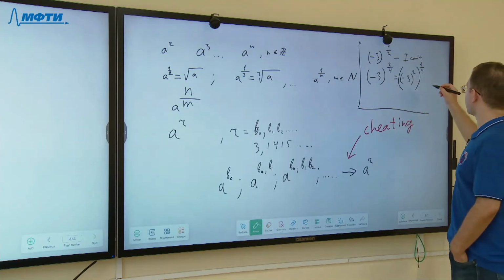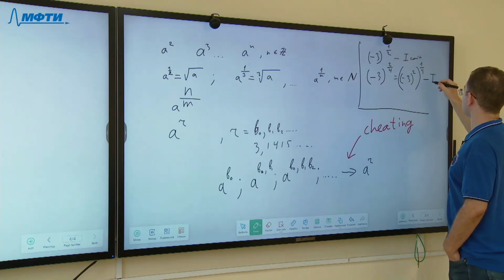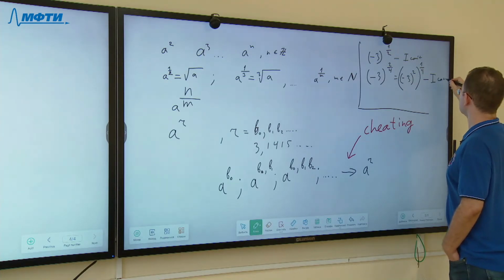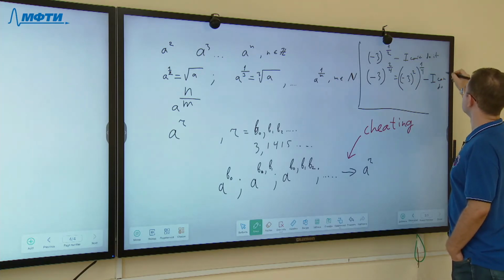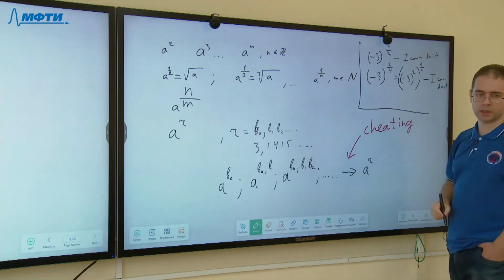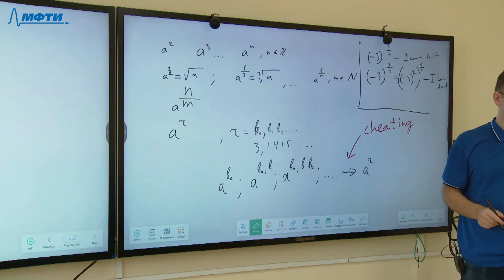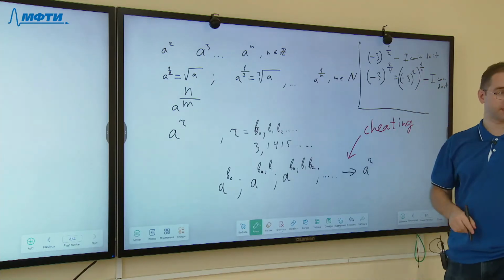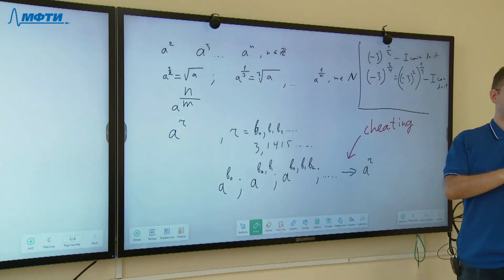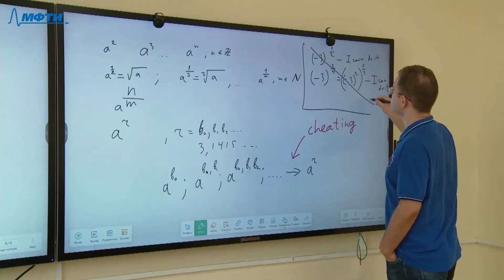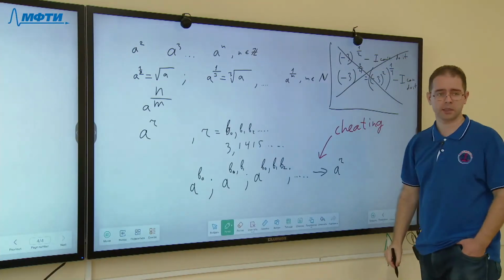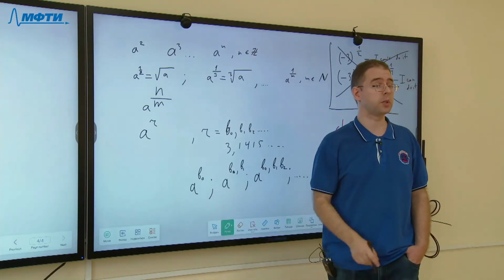So to avoid this contradiction, I am forbidding myself from raising negative numbers to non-integer powers.